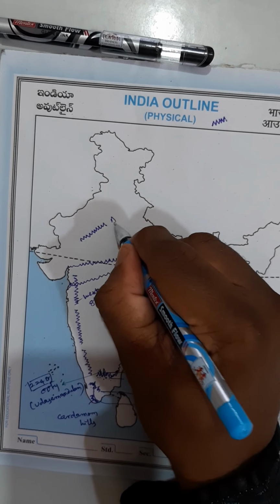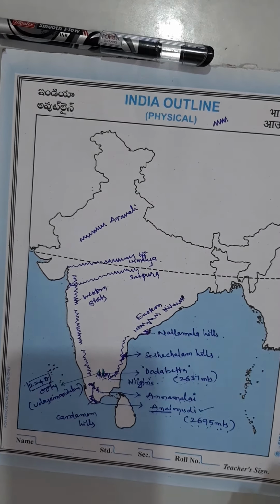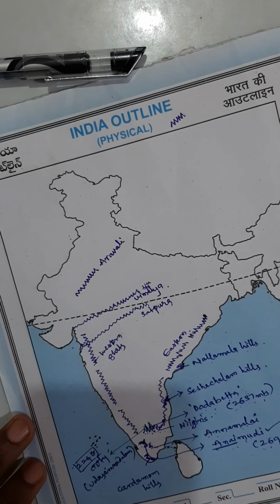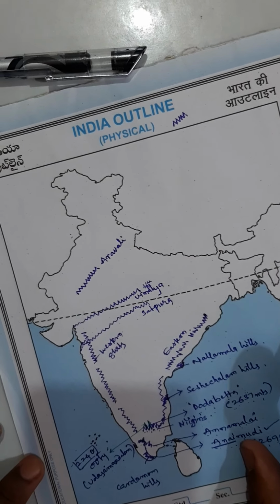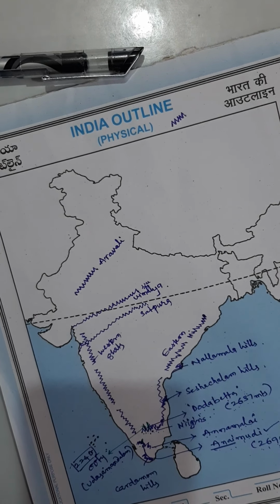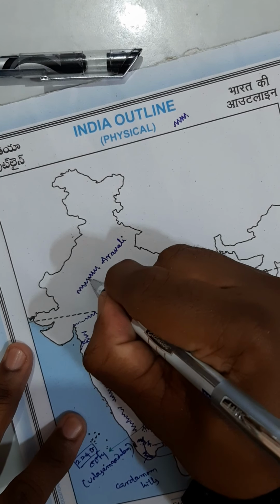This range is called the Aravali range. Here also, like Nilgiris, Aravali has a highest peak.